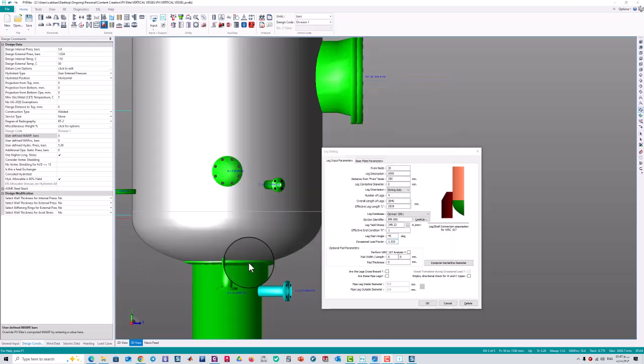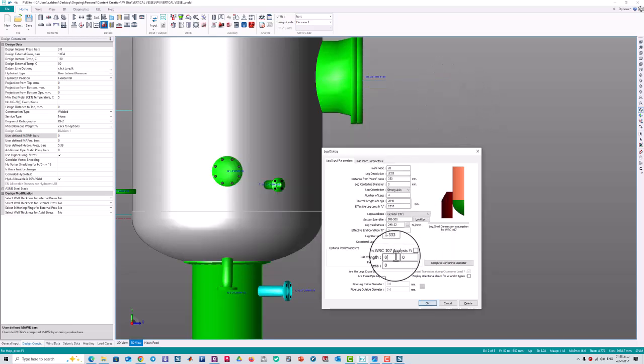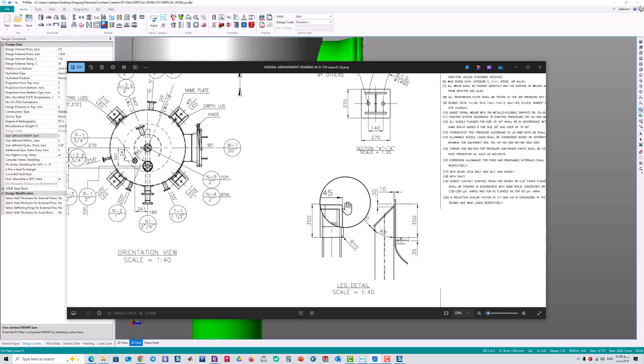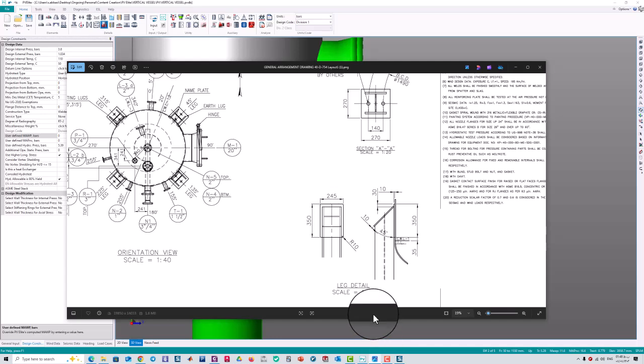Occasional load factor, we will not modify anything, and because we have a pad in the leg connection, we are going to fill these boxes for the pad. The pad width 245 and the length 550, and the thickness is 10.